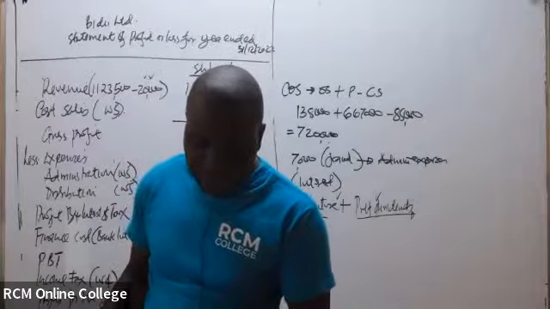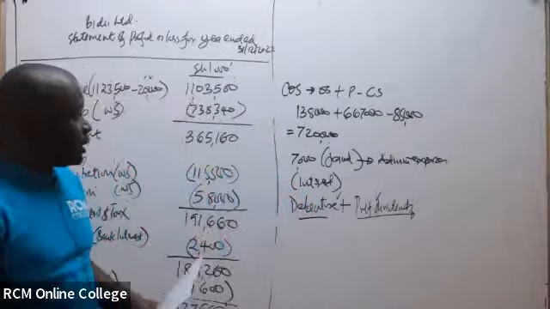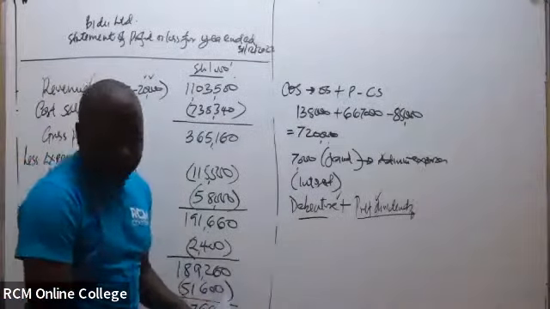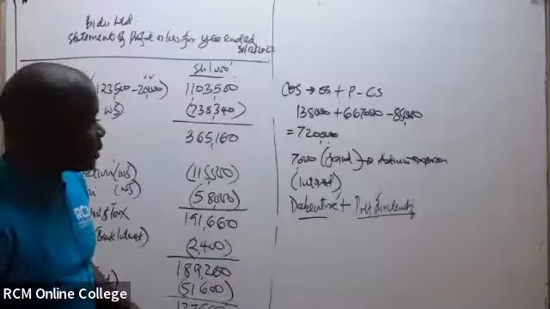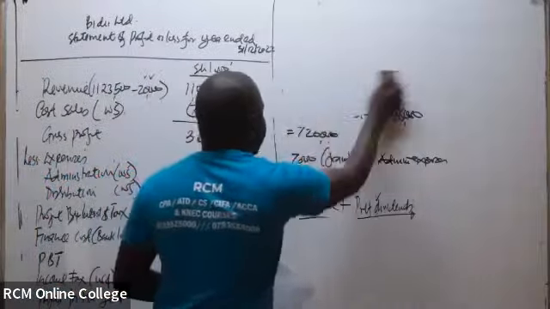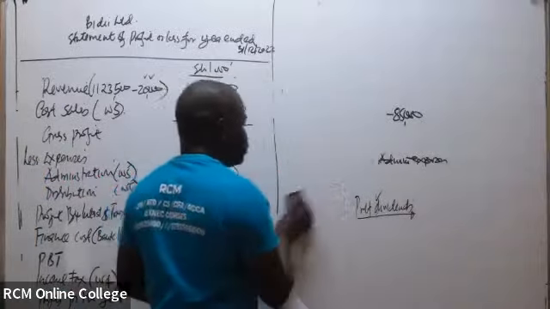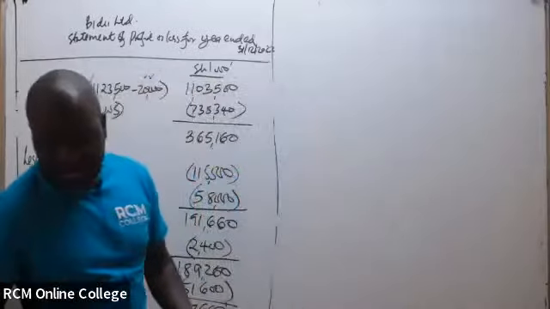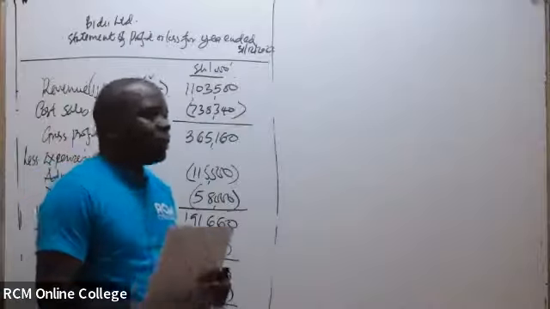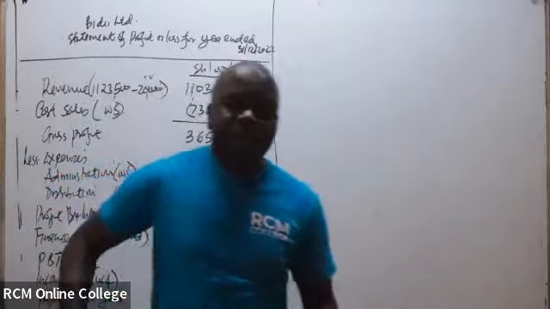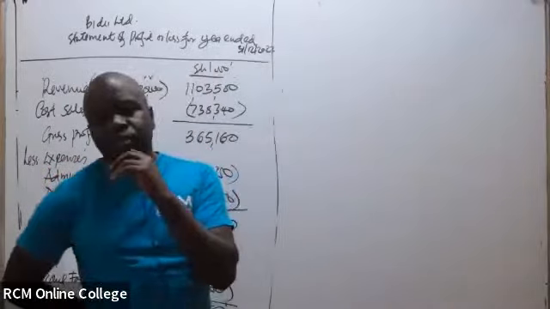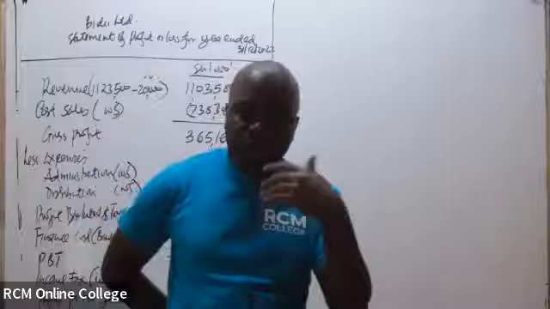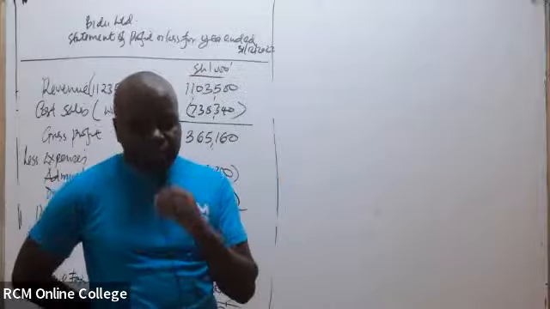So before we look at the statement of changes in equity, we can compute the amount of extra shares that were issued out of the rights issue. Remember, when they talk about the rights issue, is where the company decides to give extra shares or more shares to existing shareholders, not an outsider party.